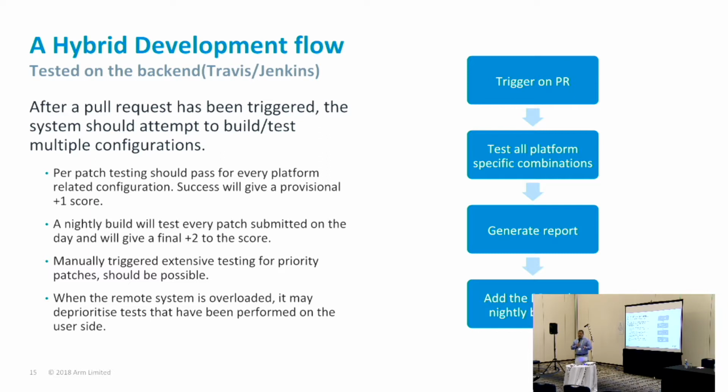Passing this test will give a provisional +1 score to the system, but this will not be enough for the changes to be merged, because in the next step, the system will start aggregating all the patches that have come in the last 24 hours and create a collateral concentrated patch.